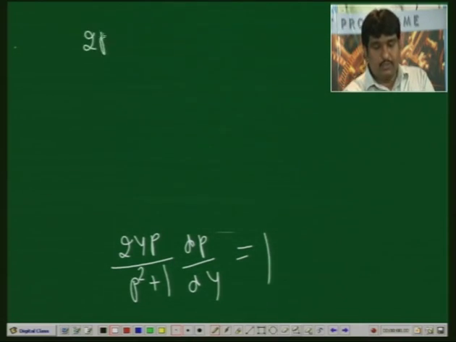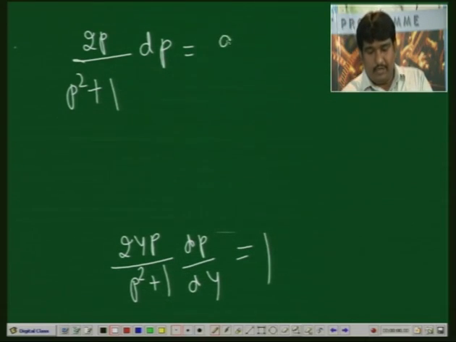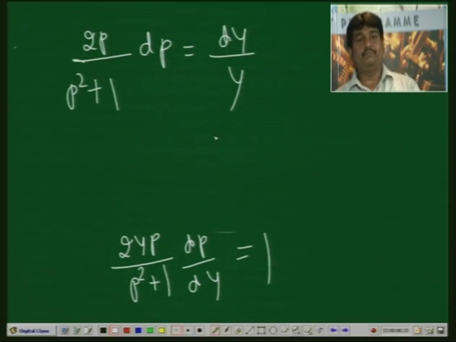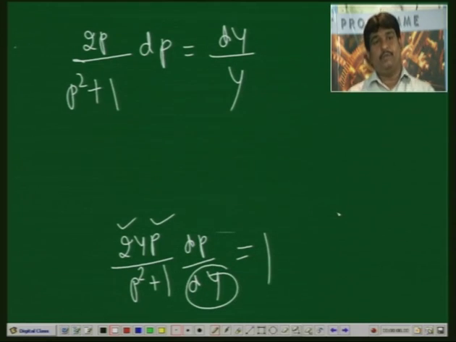You will be left with 2p divided by p square plus 1 into dp, that is equals to dy divided by y. So this 2p and p square plus 1 remain in the LHS, and you just cross multiply dy and y to get 2p by p square plus 1 into dp equals to dy by y.